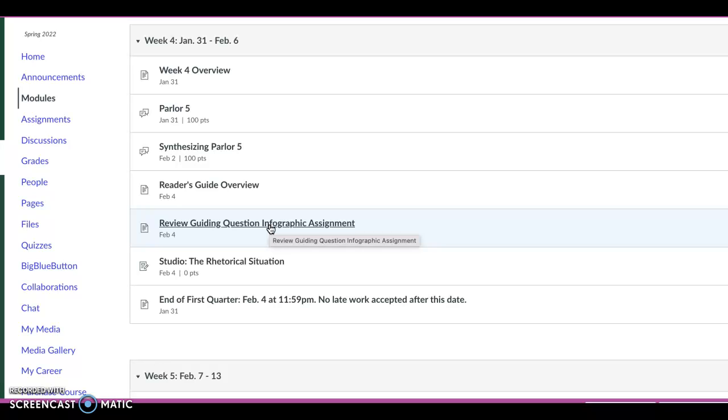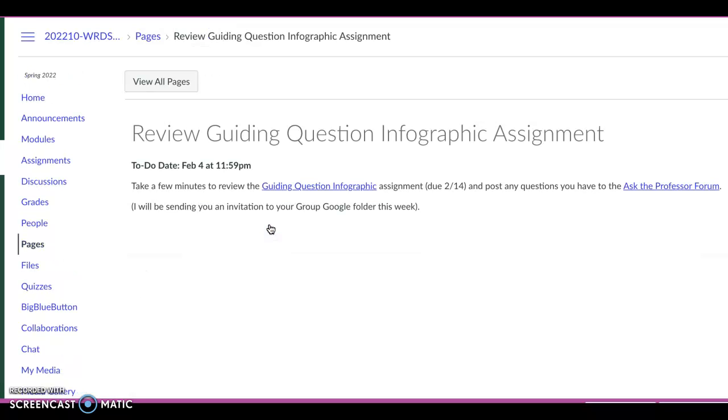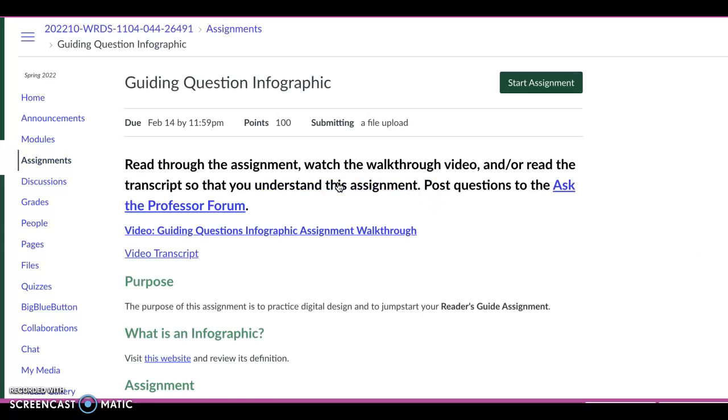This is the first step, which is to read this assignment. The assignment is not due until February 14th. This is just to have it in the back of your mind as you think about choosing a topic. Take some time to look over this.